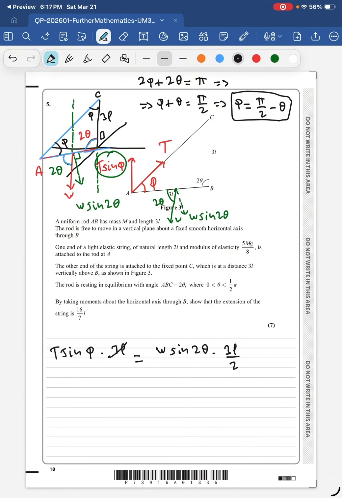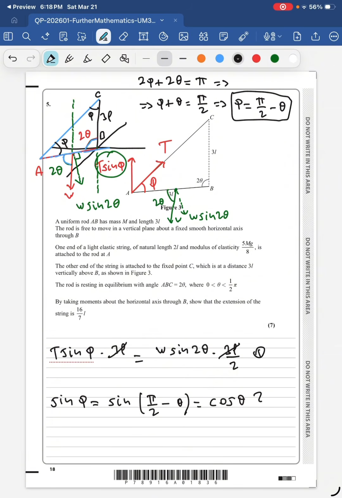So we can cancel this 3L. And then we can also immediately see that sine of phi is equal to sine of pi over 2 minus theta, which is equal to cosine of theta, which was a nice surprise to find, to be honest.